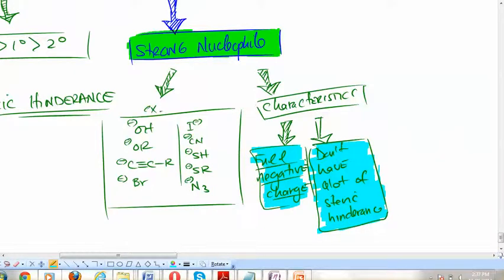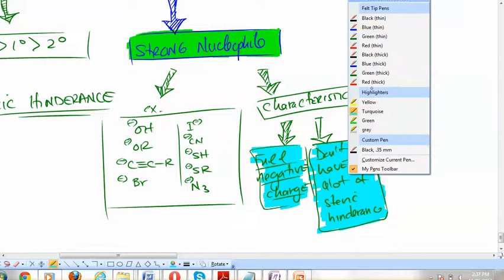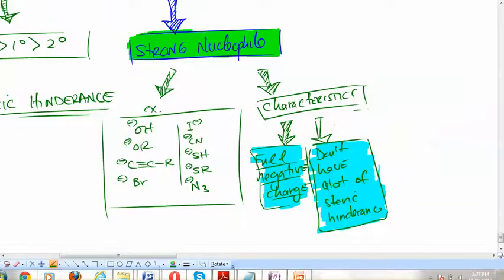And the final thing we can say here is they can also be basic. You can say sometimes, or usually, basic. Generally, there's a correlation between basicity and nucleophilicity.